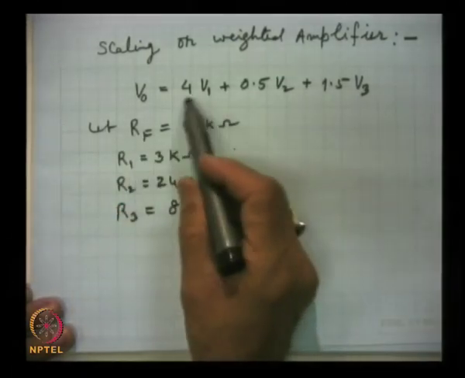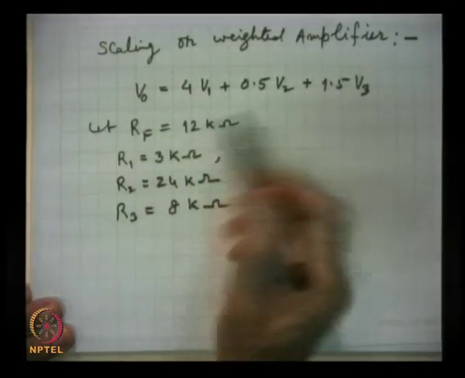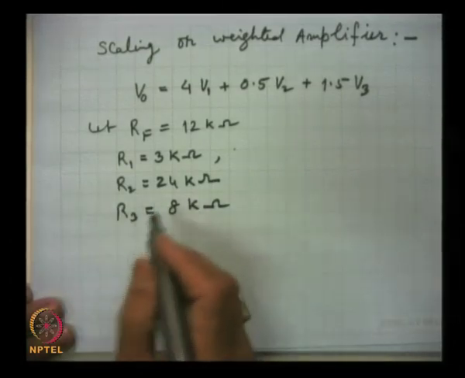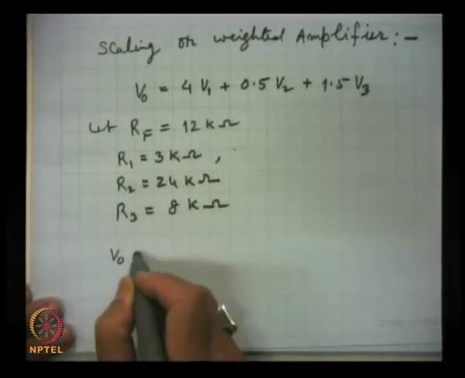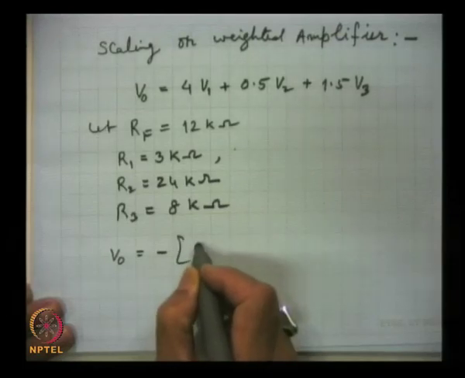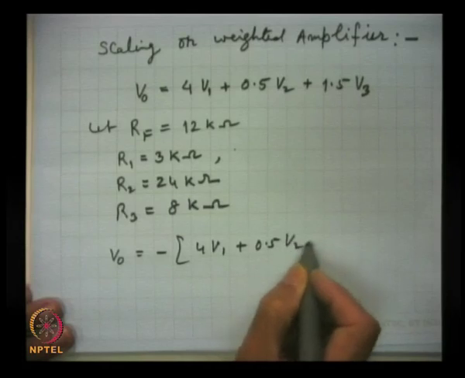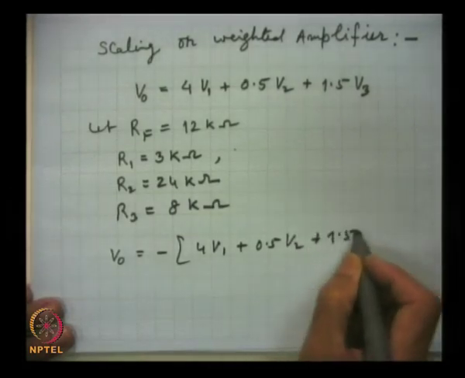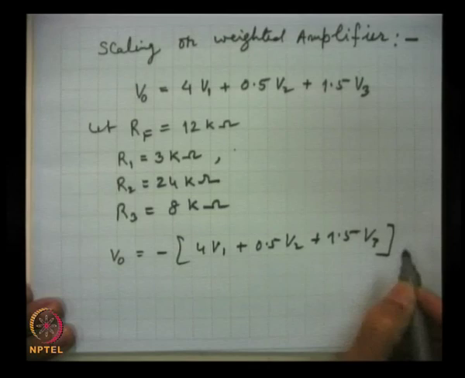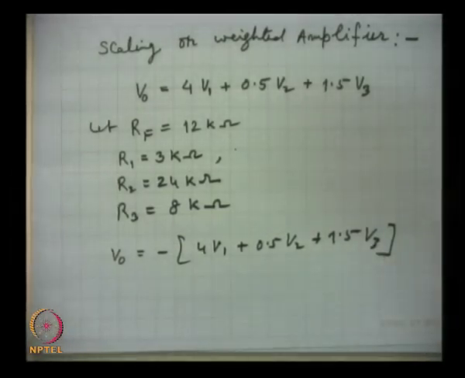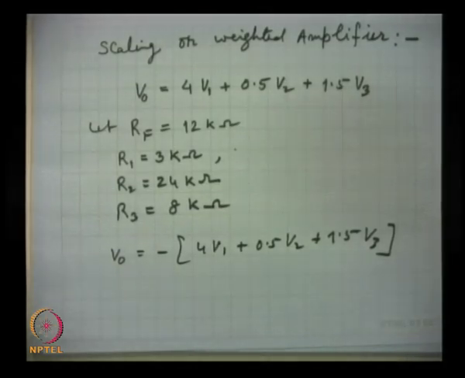So this scaling can be done according to this equation by choosing these resistances, and then we will get 4 V1, 0.5 V2 plus 1.5 V3 with a reverse sign, with a minus sign, and this minus sign we have already talked about, it is not really much important, it can be taken care of without much problem.